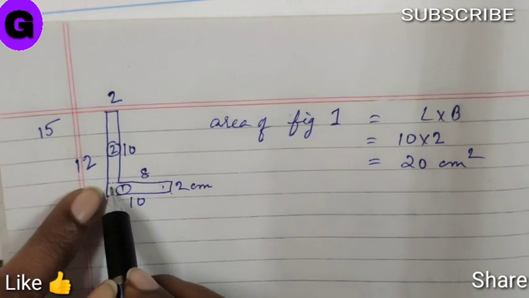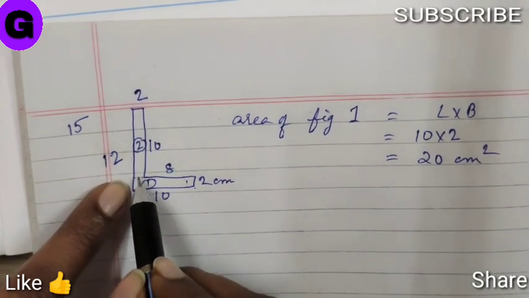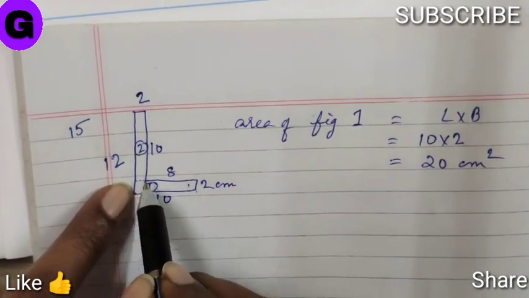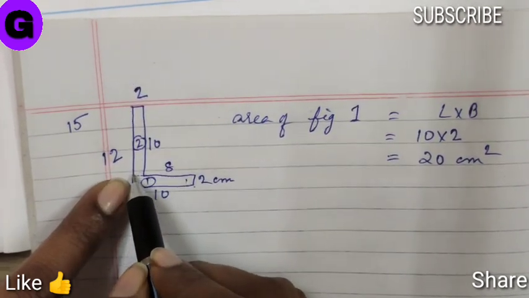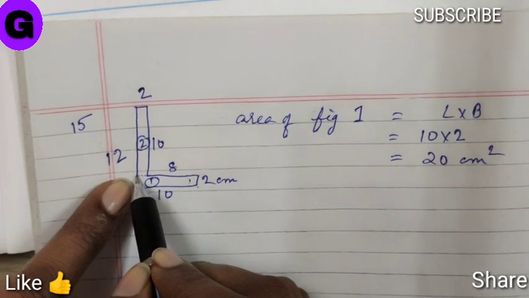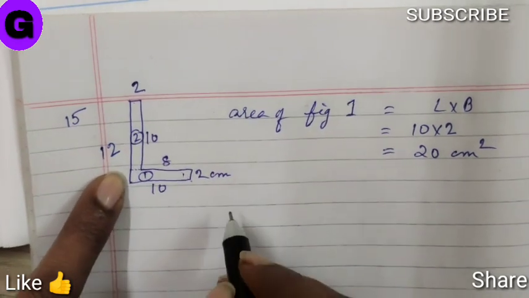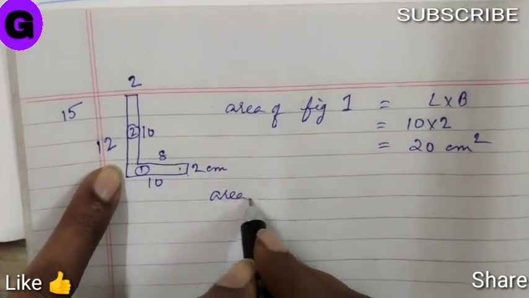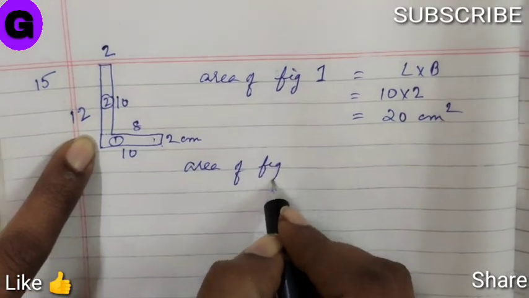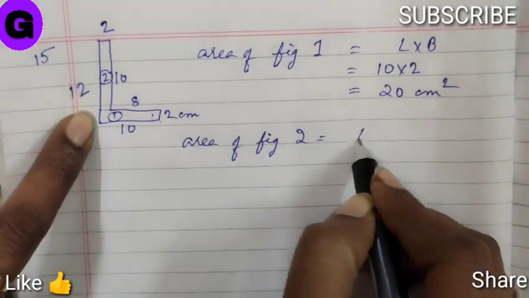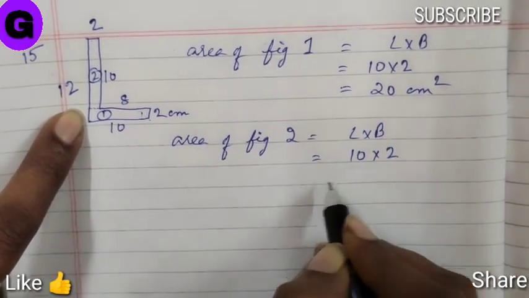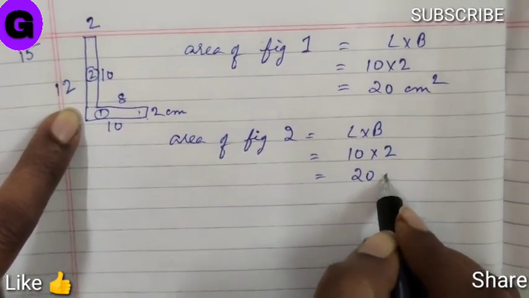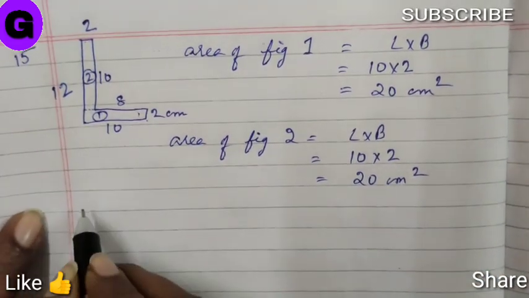So now as we can see, I have divided this figure here by a dotted line. That means the inner length is 10. So the outer length is also here till here 10 and the width is 2. So area of figure 2 is equal to length into breadth is equal to 10 into 2 is equal to 20 centimeter square.